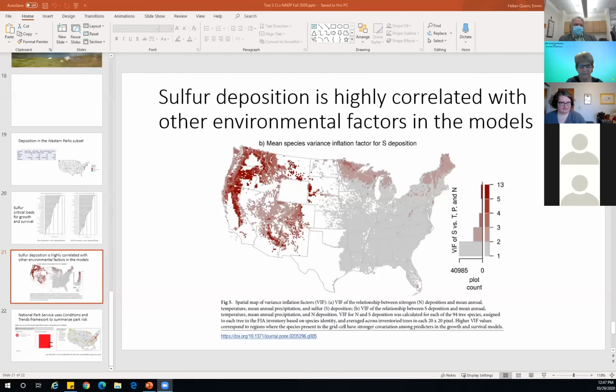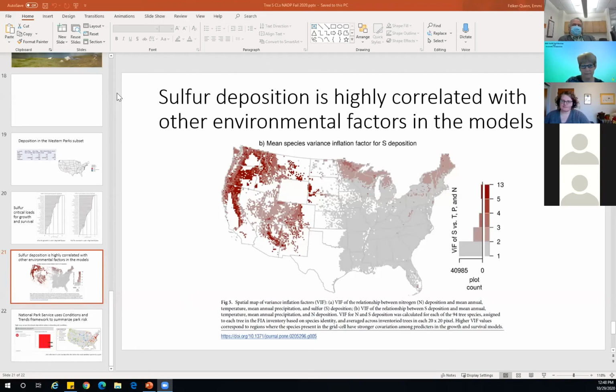Can you hear me? Yep. Great. Okay. So I'm showing the figure from Kevin's paper. We didn't flag any of the species with the high VIFs, and basically what Kevin published in his paper was just to flag that sulfur deposition in the western part of his analysis is highly correlated with nitrogen, with temperature, and with precipitation.